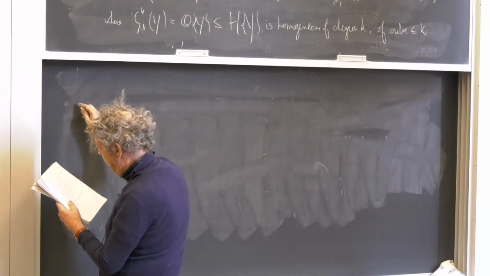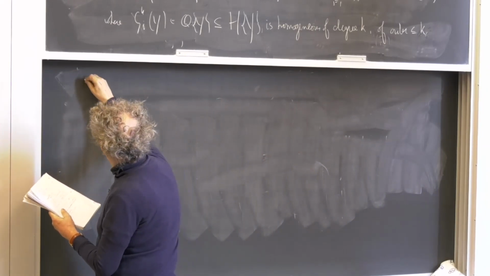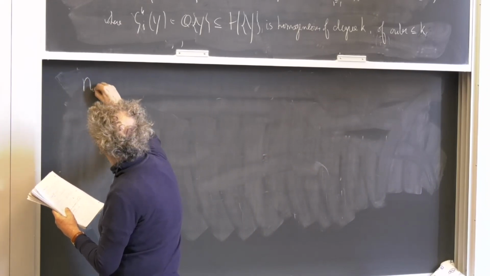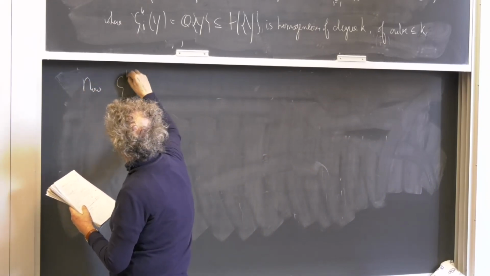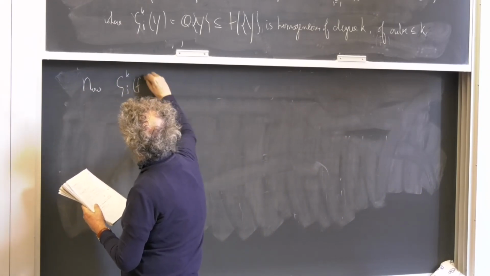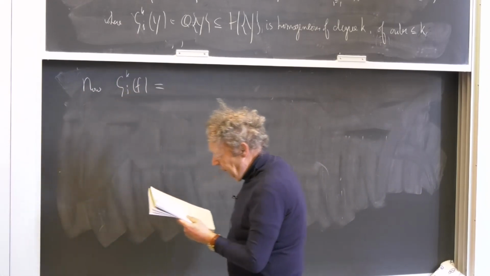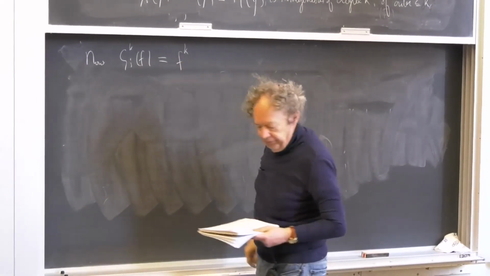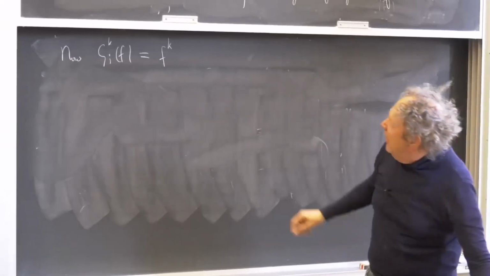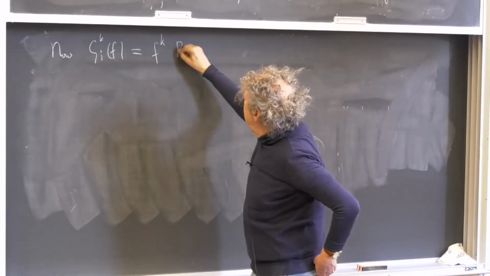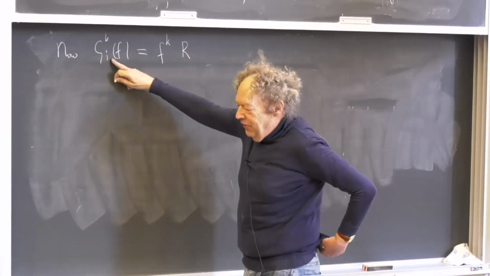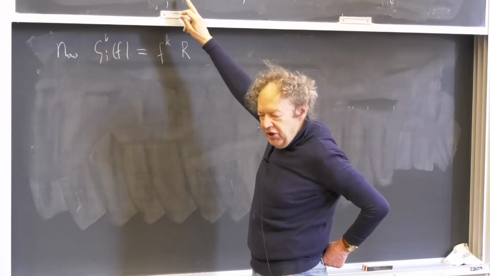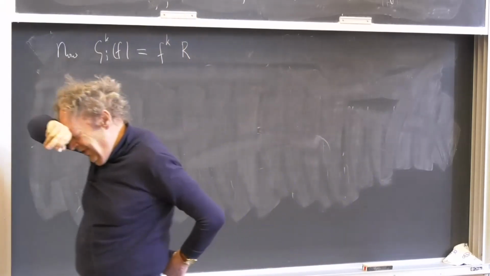G_kj(f) is, you see, you can factor out f to the k, and then you get something that is sort of the Riccati polynomial corresponding to this homogeneous differential polynomial.